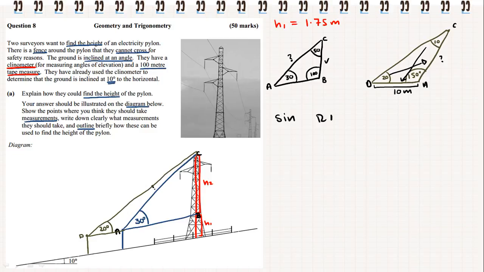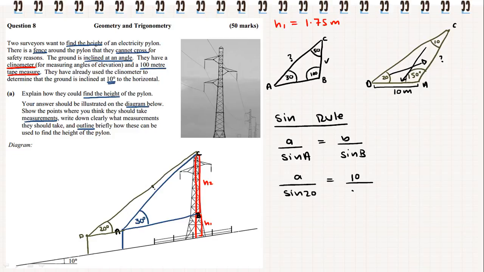So our sine rule tells us A over sine A is equal to B over sine B. Our side A is going to be AC, so we'll leave that as A. So A over the sine of 20 degrees is equal to B, which is 10, over the sine of 10 degrees.